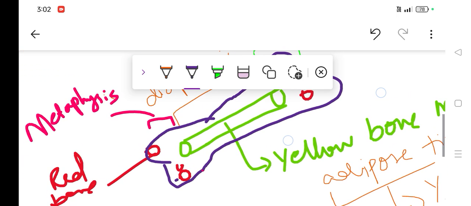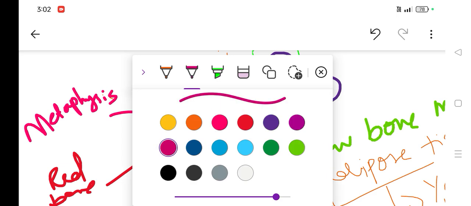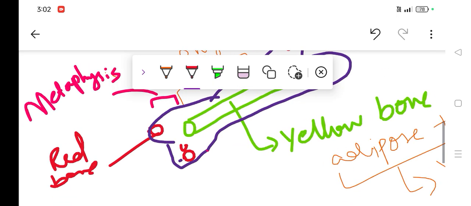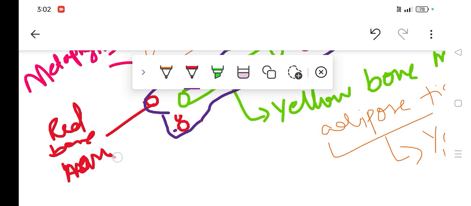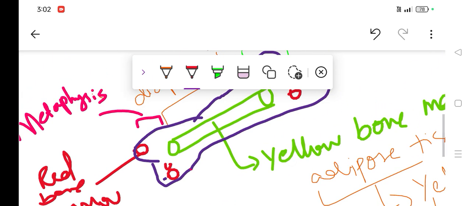So, red bone marrow. Then here on both sides, of course, these are the same red bone marrow.